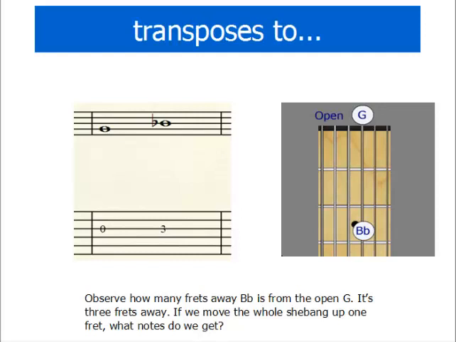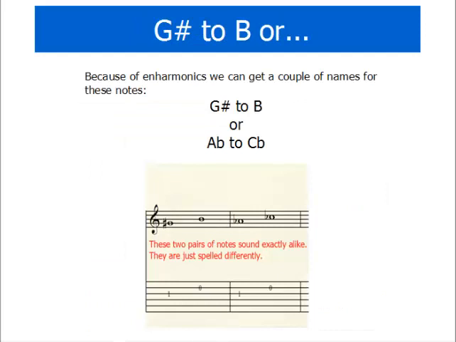But first, let's transpose the minor third up a half step. So see, I now have the G sharp to B, first fret, and then the B string.